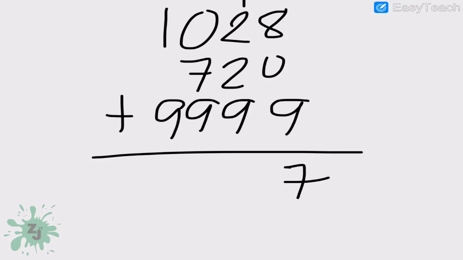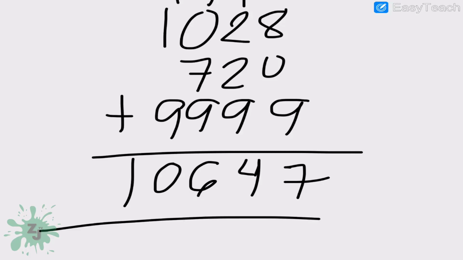Next column, 2 plus 2 is 4, plus 9 is 13, plus 1 is 14. Carry 1 again. 0 plus 7 is 7, plus 9 is equal to 16. Carry 1 again. 1 plus 9 is equal to 10. There you have it. That is the final answer.